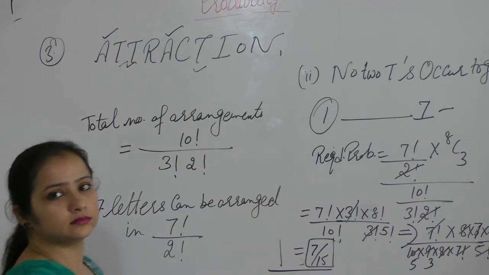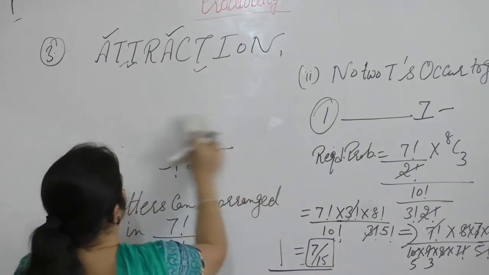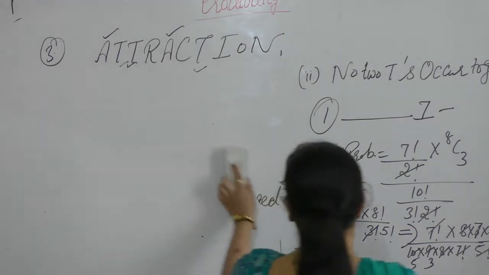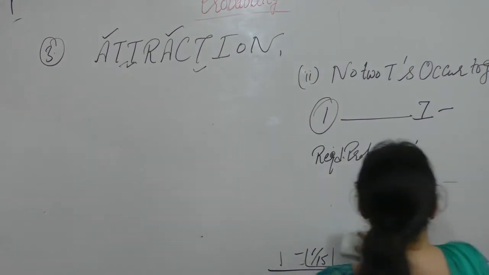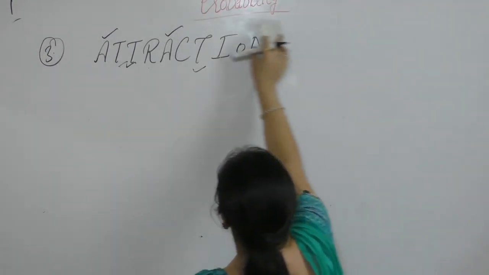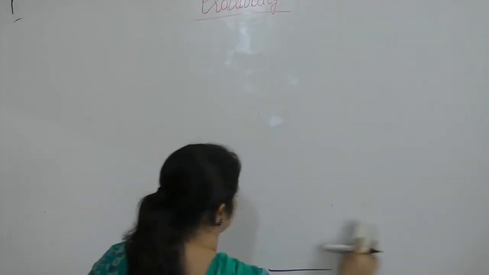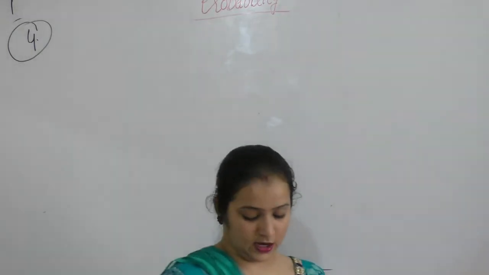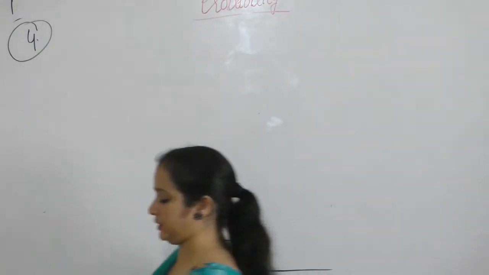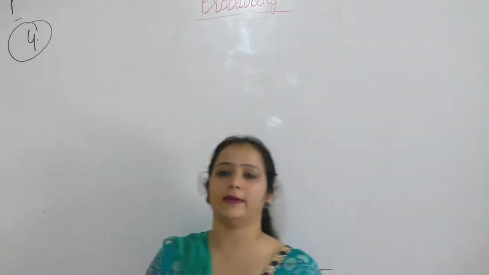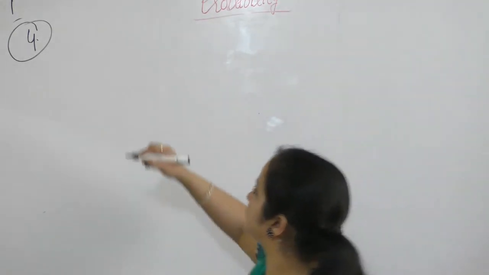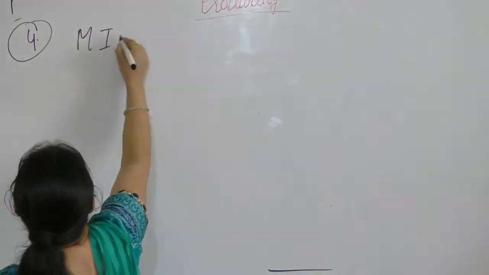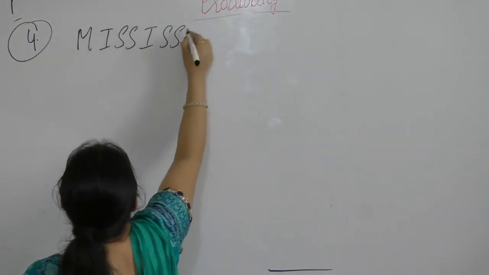Note it down. Now the next question is, what is the probability that 4 S come consecutively in the word Mississippi?